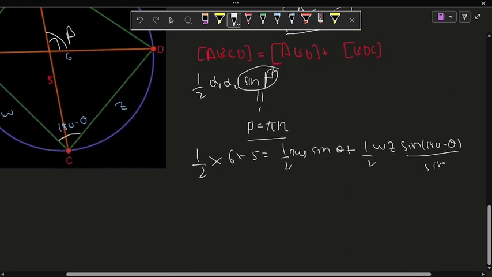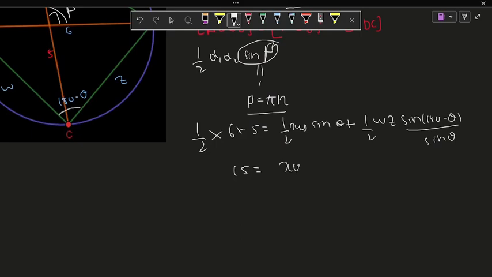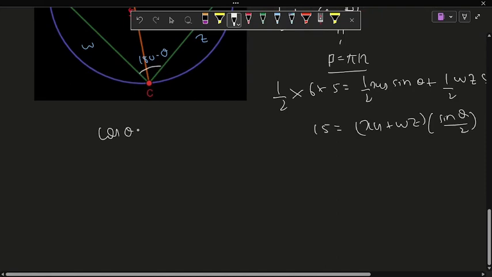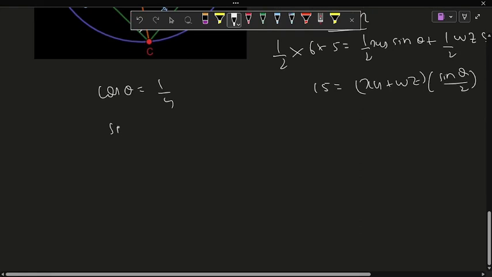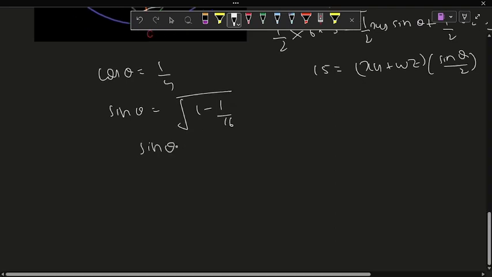So this becomes 15 is equal to (xy plus wz) into sine theta upon 2. And since we had cos theta as 1 by 4, we can write sine theta as root of 1 minus 1 by 16, since sine square theta plus cos square theta is 1, and hence we have sine theta as root 15 over 4.